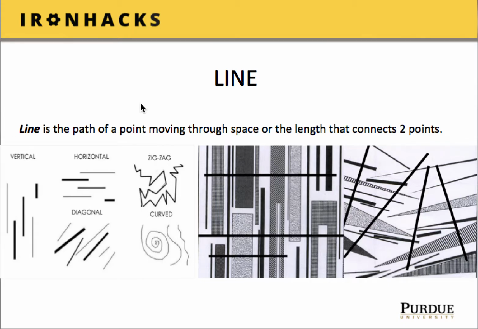So let's start with a line. Imagine a dot moving through space that leaves behind a trajectory. That trajectory, that pathway that the dot created, is a line. A static definition for a line is that it's a length connecting two or more dots. Regardless of which definition you wish to adhere to, lines come in many shapes and forms.